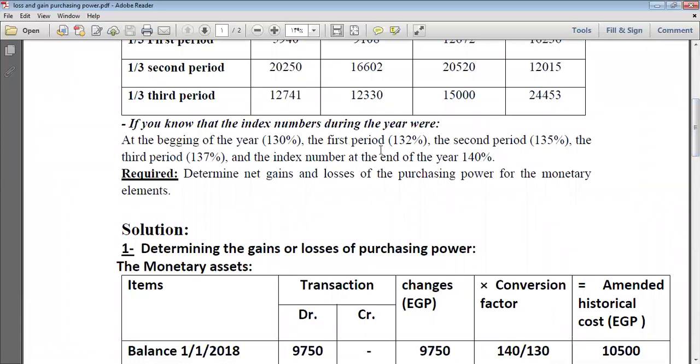عايزين نجيب الكونفرجن فاكتور the first period، هتبقى عبارة عن الاندكس نمبر at the end of the year اللي هو 140 over الاندكس نمبر of the first period. طيب عايزة اجيب conversion factor للسكند period، هتبقى عبارة عن برضو الاندكس نمبر at the end of the year over the index number of the second period. والثيرد period الاندكس نمبر at the end of the year over الاندكس number of the third period. كده عرفنا نجيب الكونفرجن فاكتور ازاي.